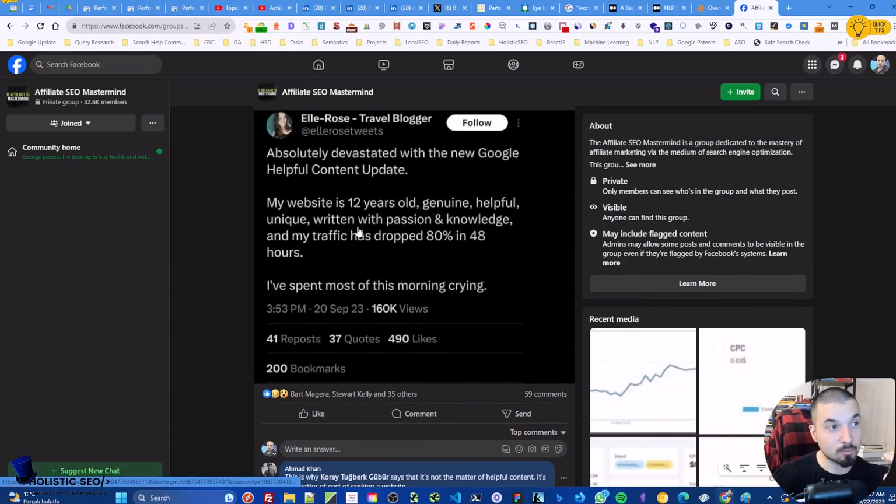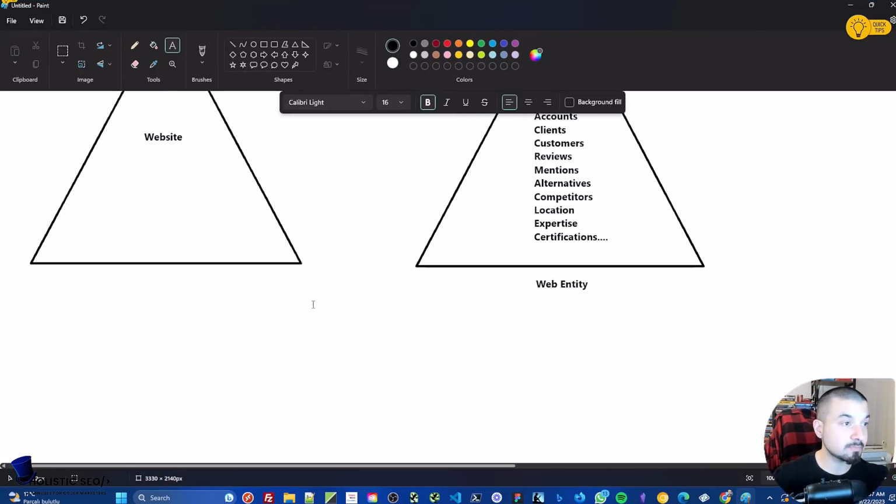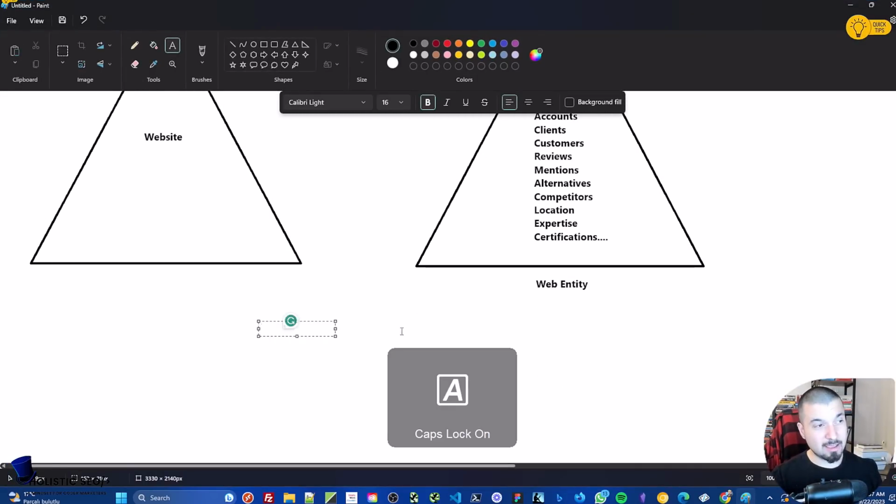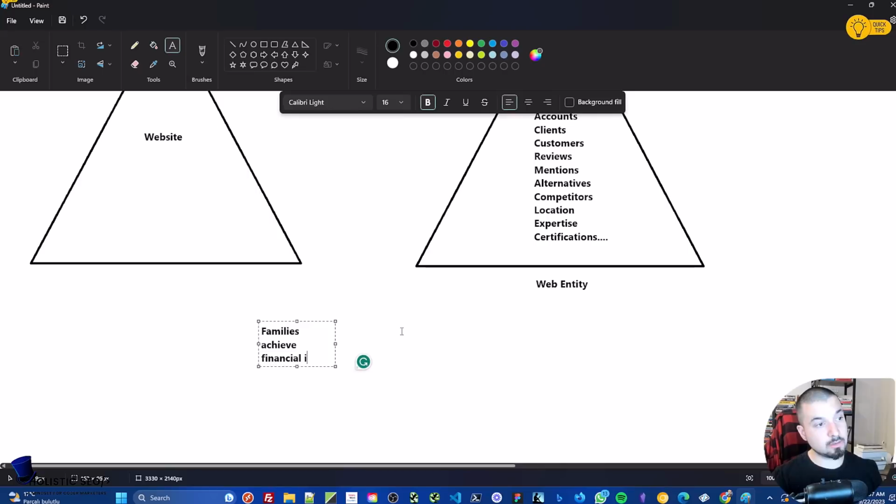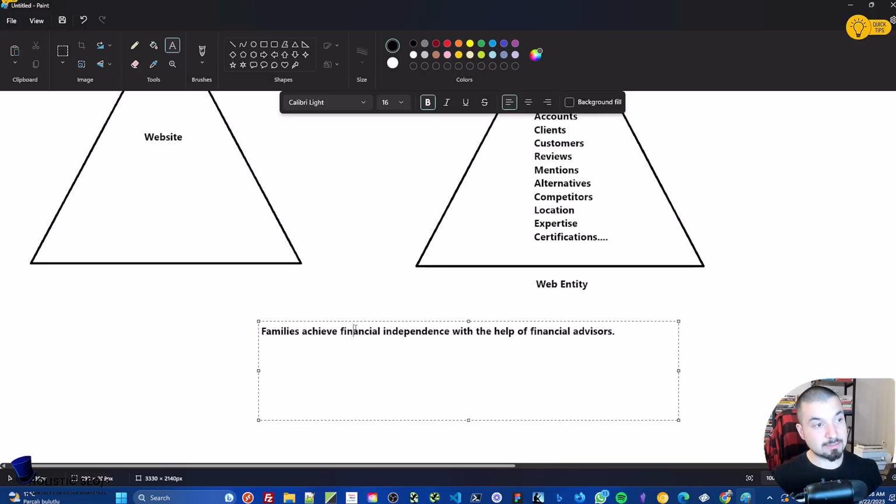You can help someone with a sentence in 5 different ways. Let me explain like this. Before, I gave a simple example in my Saigon speech, and as much as I can remember, it was like this: families achieve financial independence with the help of financial advisors. I can tell this same thing in 50 different ways.